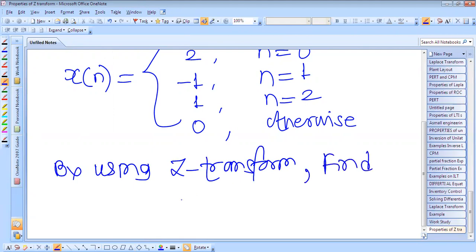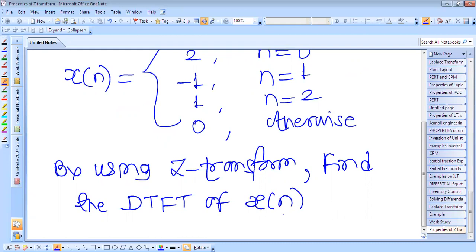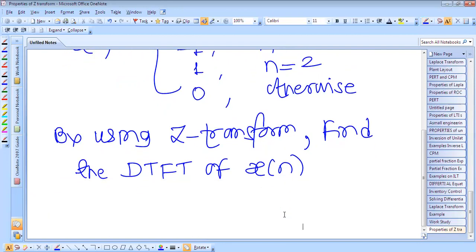Find the discrete time Fourier transform of x of n. Okay, so we have the given values, therefore we have to substitute these values in the equation of x of n, so that we will get the solution.